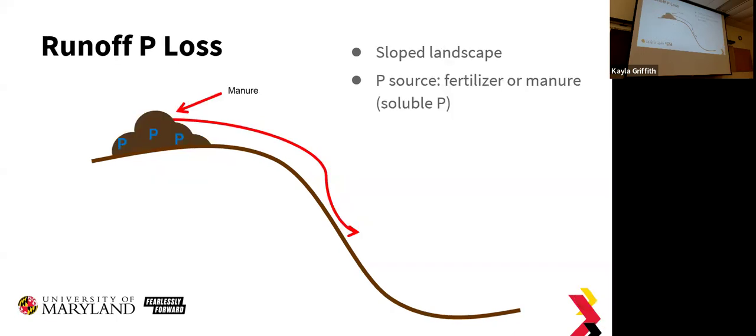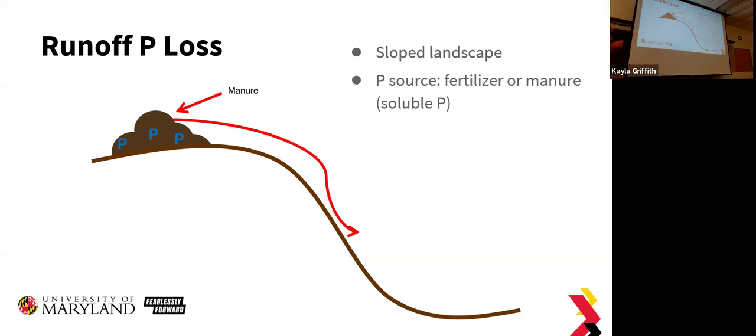Let's talk about runoff P, all right? This is the same kind of landscape where we have a sloped landscape. Water is going to interact with this field, and then there's going to be some runoff, okay? But this brown blob is now manure. It's not a soil particle anymore, it's manure. Maybe it's a little tiny particle, a little prill of fertilizer that Ben just talked about that he applied, right?